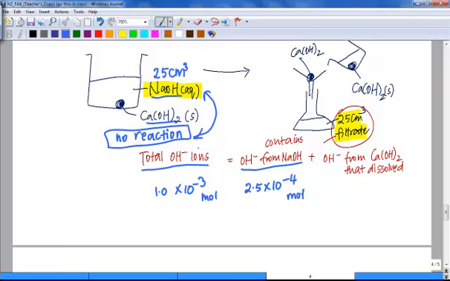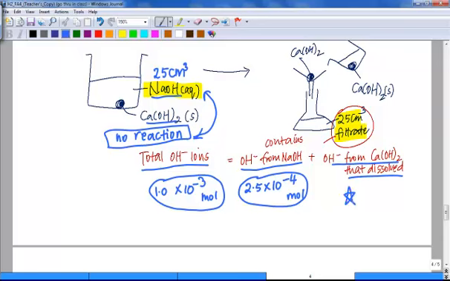So based on this, I can find out the number of moles of OH minus from calcium hydroxide. Okay, so very simple, you just take 1 times 10 to the power of minus 3 minus away 2.5 times 10 to the power of minus 4. You can get the number of moles of OH minus from calcium hydroxide.